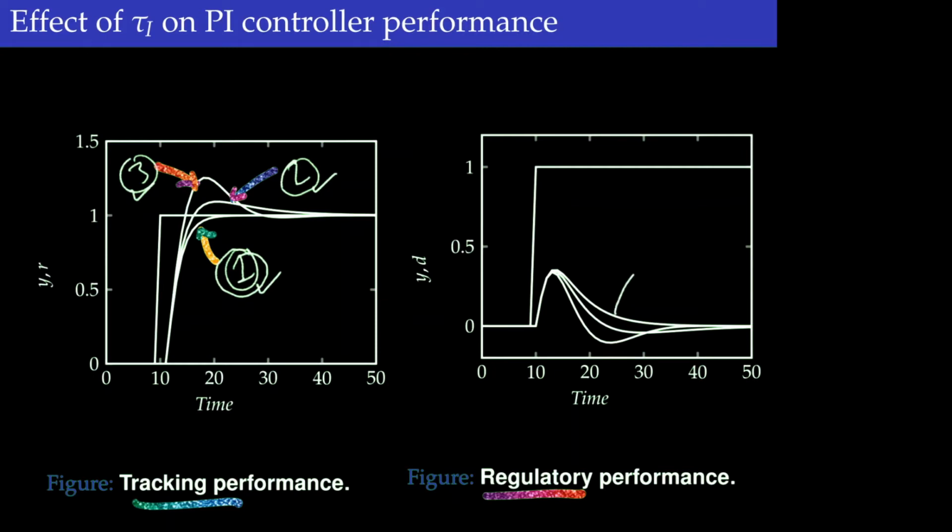This corresponds to 1, this to 2, and this to 3. We see that as tau I decreases, meaning the integral action becomes more and more, the process is brought back to the initial steady value when there is a change in the disturbance. However, the response may become oscillating depending on the value of this integral or reset time.